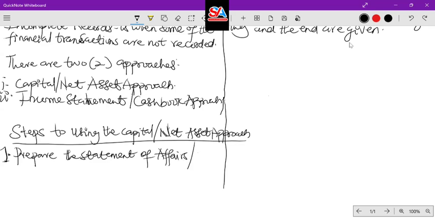Sometimes I say prepare the statement of financial position. The statement of affairs is the same as the statement of financial position.